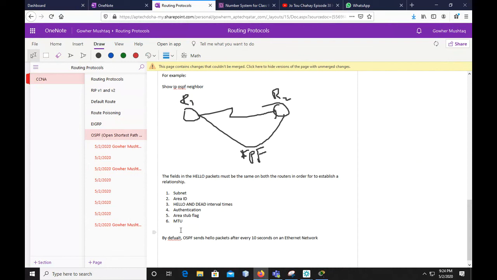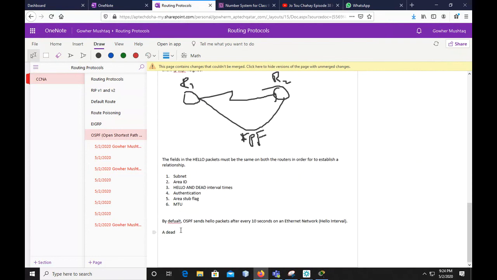That's called the hello interval. The dead timer is 4 times the value of the hello interval. So that means 40 seconds is the dead timer for the hello intervals which are being sent.